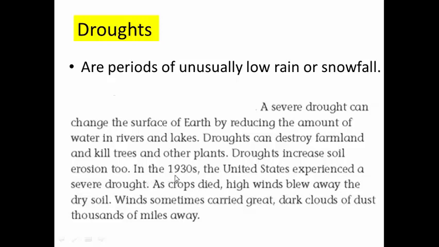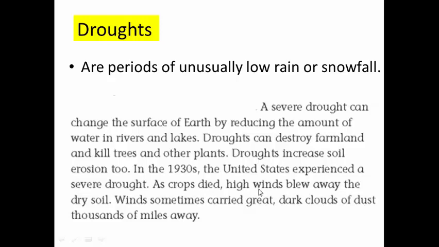In the 1930s, the United States experienced a severe drought. What happened after this drought? As crops died, high winds blew away the dry soil. The first thing is that all these crops were destroyed or died.